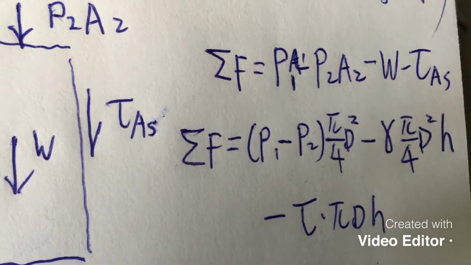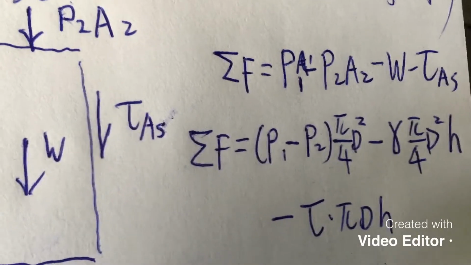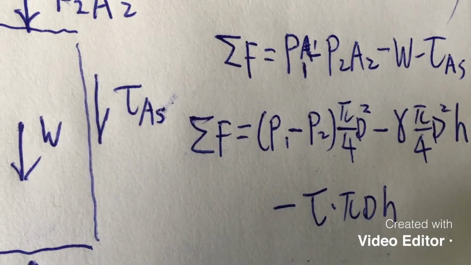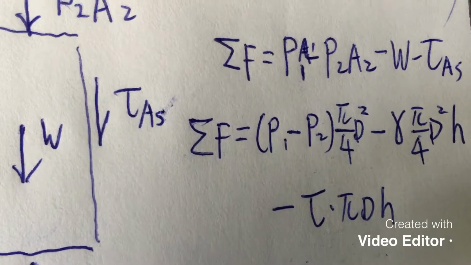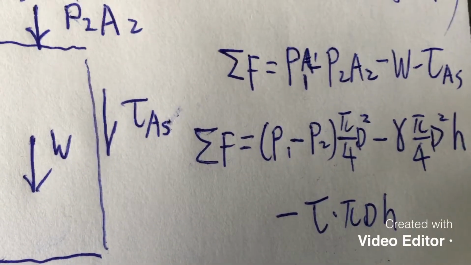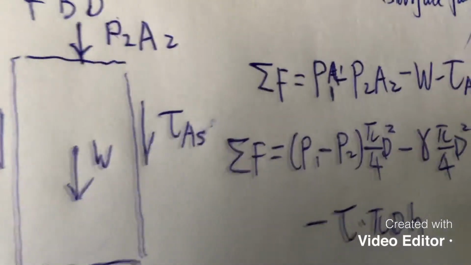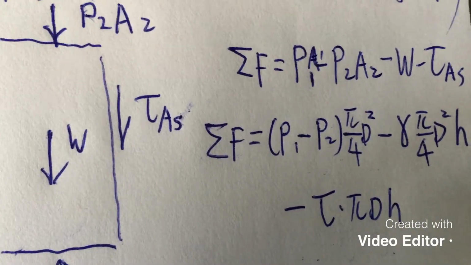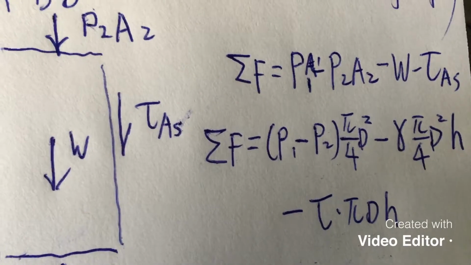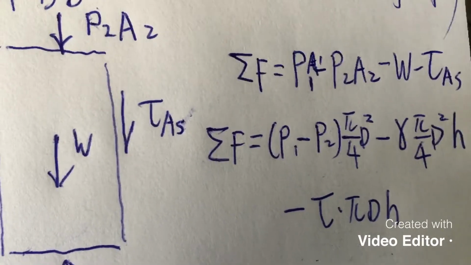How do you calculate W, the weight? In this class, you can use a simple equation: gamma times the volume for the weight, right? So the volume of this cylinder is the bottom cross-sectional area times the height, quarter pi d squared times h. This is the weight.